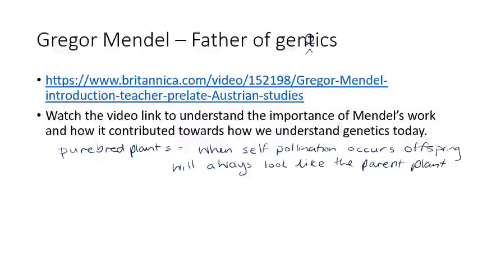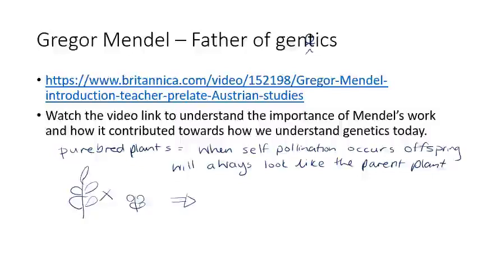So he took contrasting traits, for example, a tall plant. So here's a nice little tall plant. And he took a short plant, right? And he would cross these together and he would see the offspring.